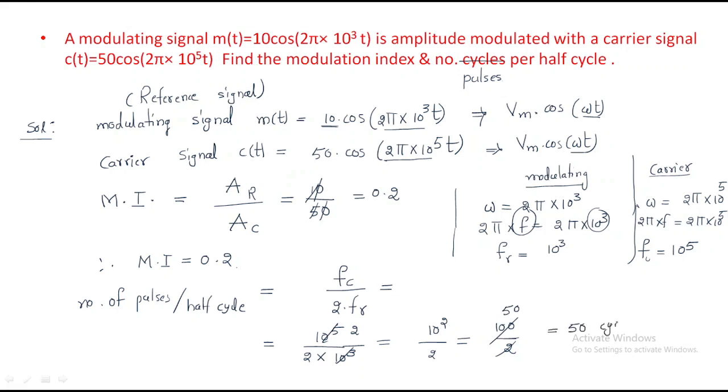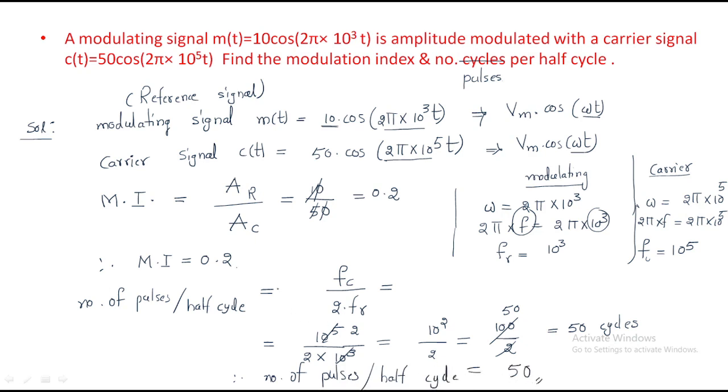So the number of pulses per half cycle equals 50.